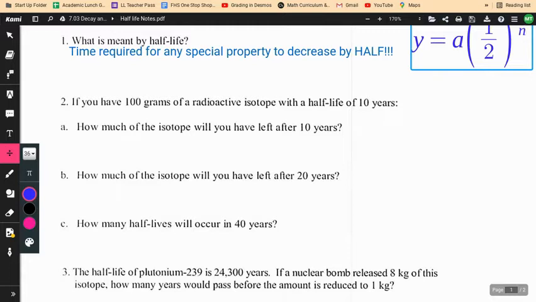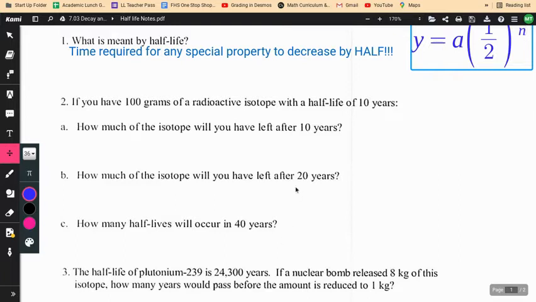Number 2 says, if you have 100 grams of a radioactive isotope with a half-life of 10 years, that means it takes 10 years for this radioactive isotope to be cut in half. Then it asks how much of the isotope will be left after 10 years.